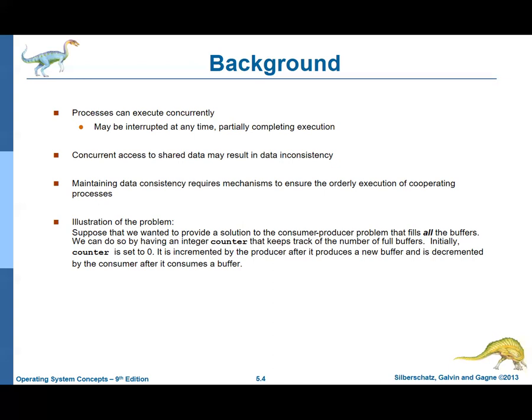Initially, the counter is set to 0. It is incremented by the producer after it produces a new buffer. It is decremented by the consumer after it consumes a buffer.